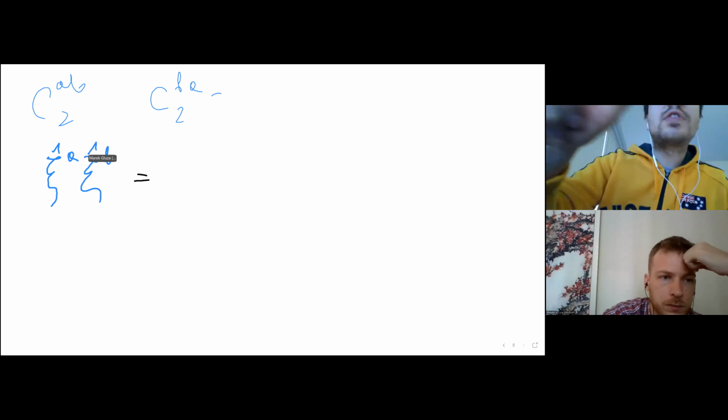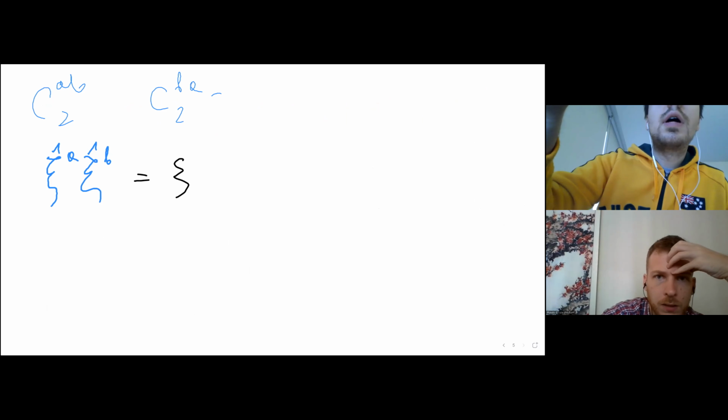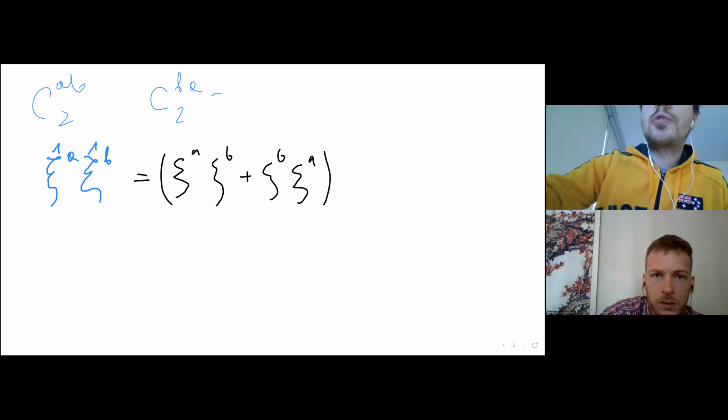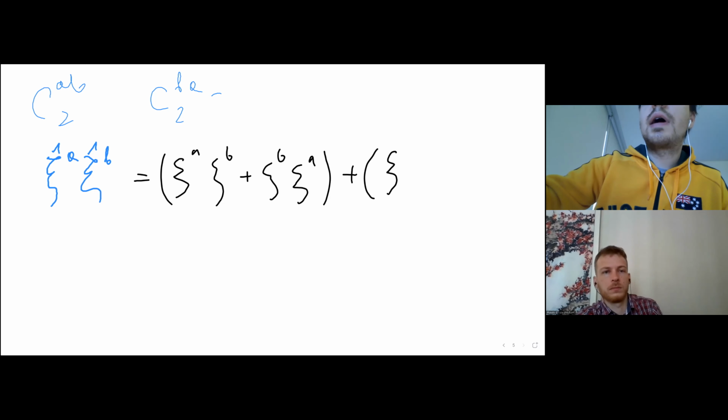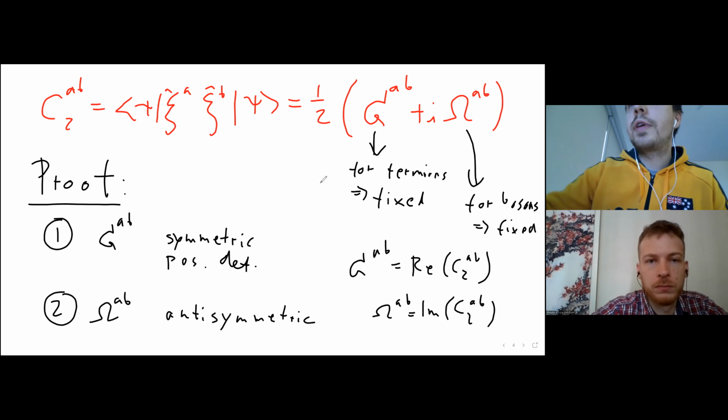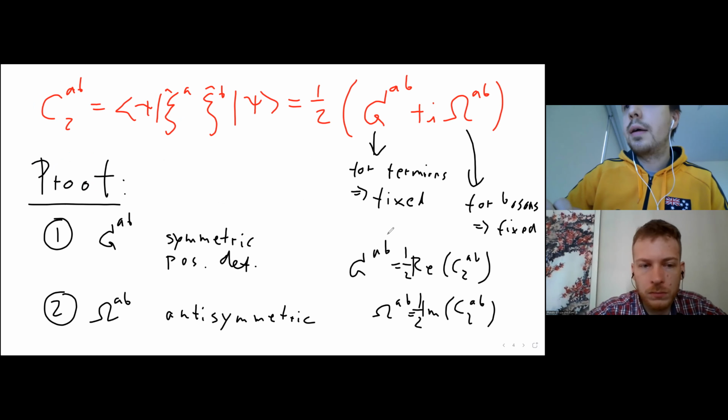I want to say that this is equal to xi a xi b plus xi b xi a. That's the first object plus xi. Oh, I guess I did have a 1/2 here, so of course here we also have a 1/2, and that of course will matter here.